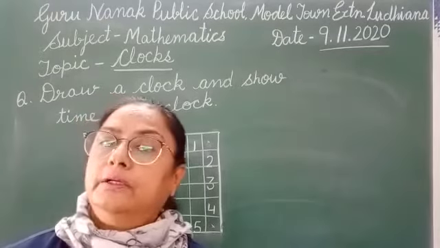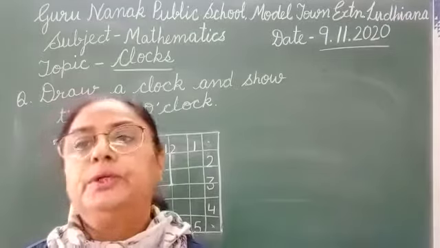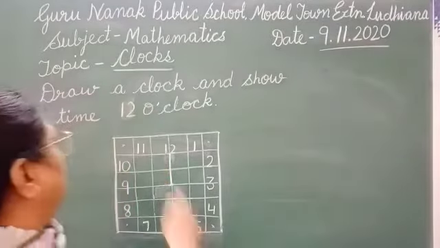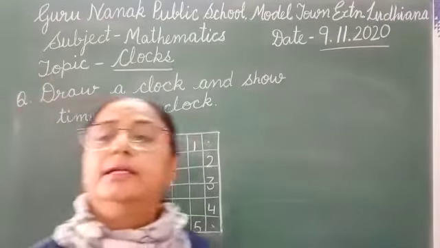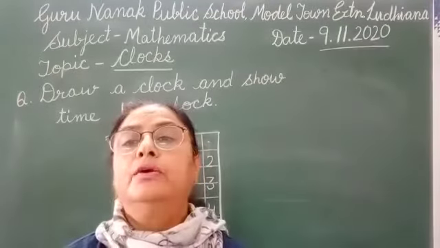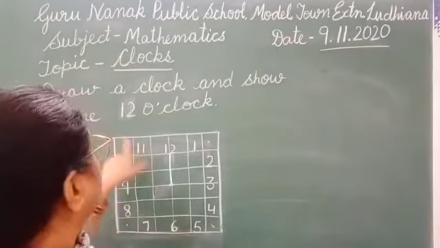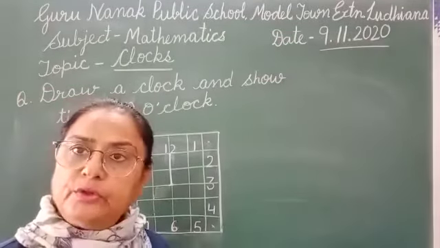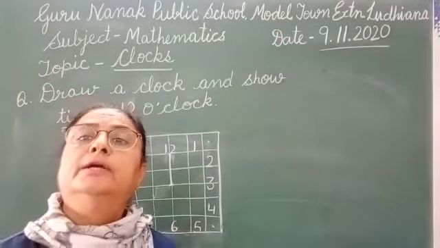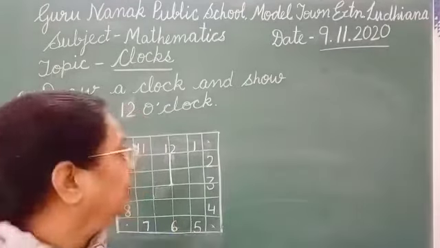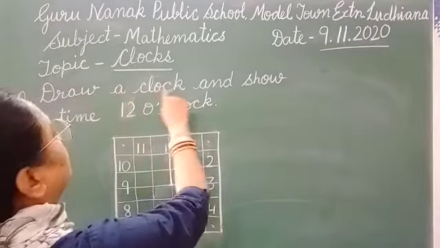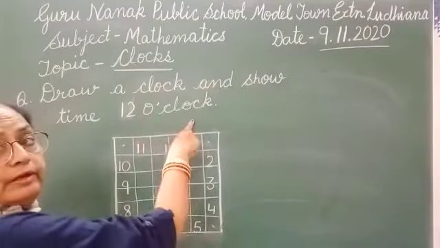Draw a clock and show time 12 o'clock. First we have done in Zoom class 3 o'clock, then 6 o'clock, then now we have done show time 8 o'clock, and now we are doing show time 12 o'clock. On the next page, draw a clock and show time 12 o'clock.